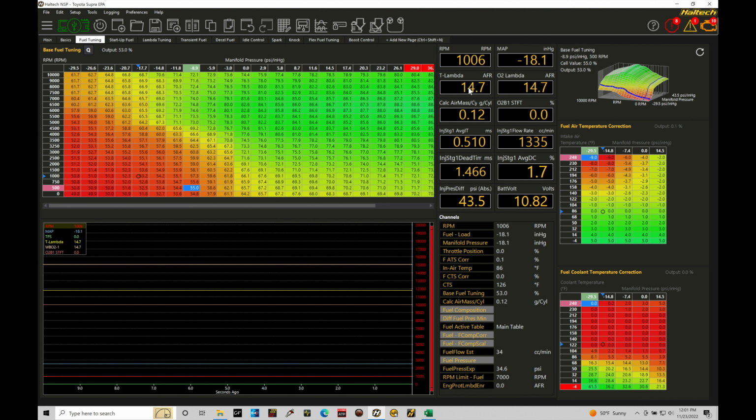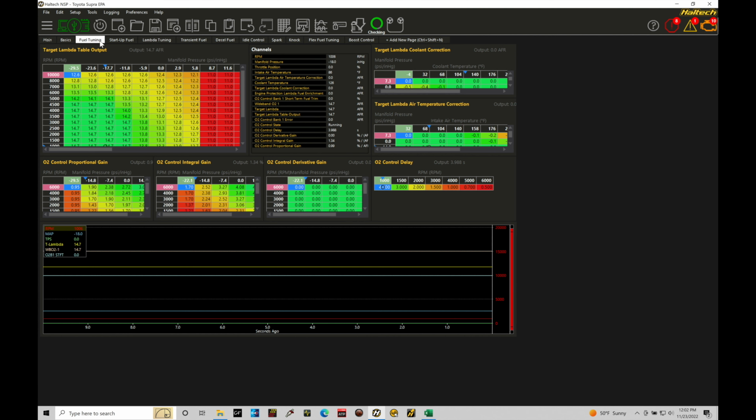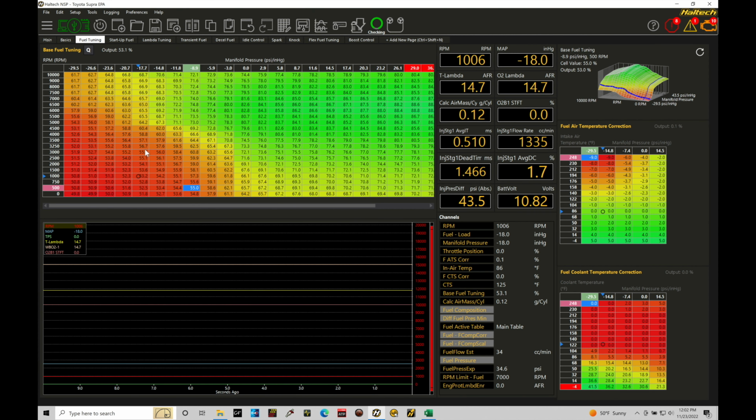Now the problem is if something's out of whack. If we don't have our air mass represented correctly, let's say we're over or under reporting our air mass because the VE values in our table aren't correct, we'll find as a result we don't hit that target air fuel. Now if we have reasonable VE values here and the air mass is being calculated correctly, and our target air fuel, which we can see under lambda tuning, is specified correctly, and we're still rich or lean, that means we have a problem on our fuel modeling side of things.